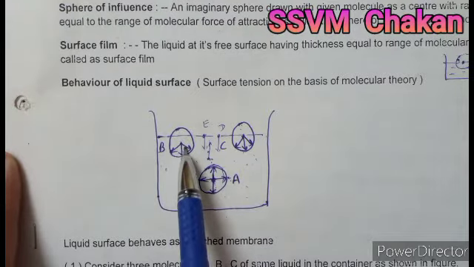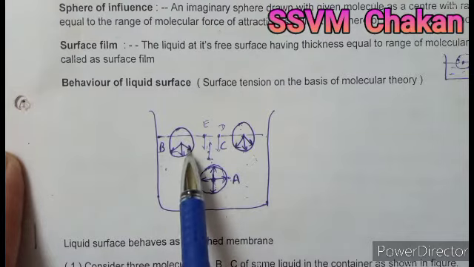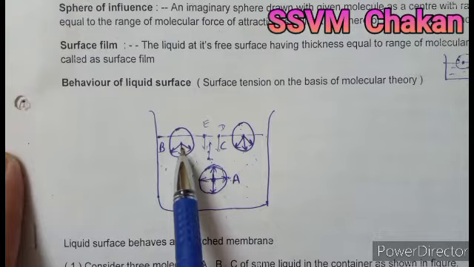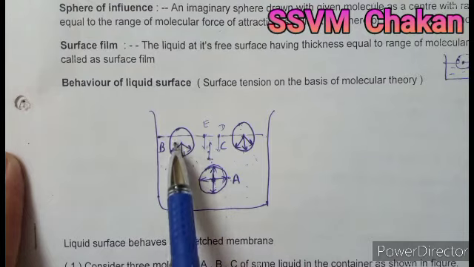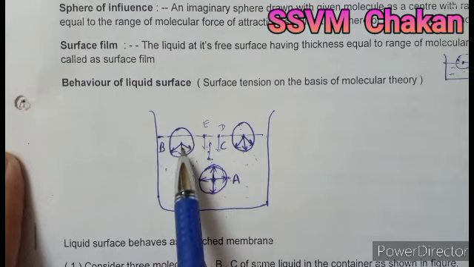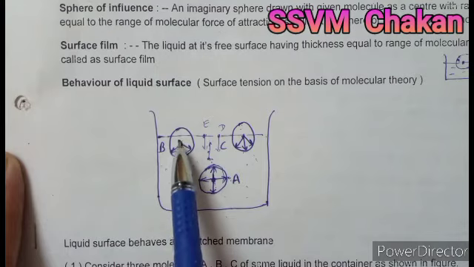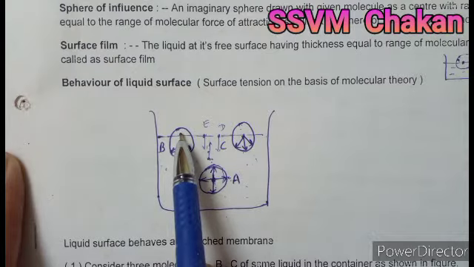If you consider molecule B, which is close to the free surface of the liquid but slightly inside the liquid, it is also attracted by the other liquid molecules below molecule B and some liquid molecules above it, and the sphere of influence of B contains some air particles.